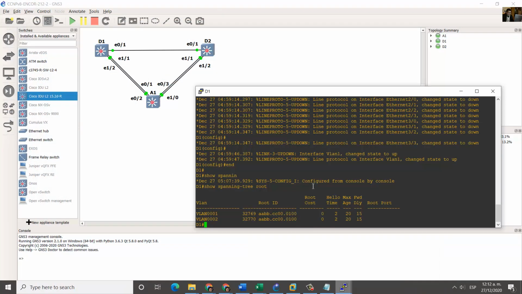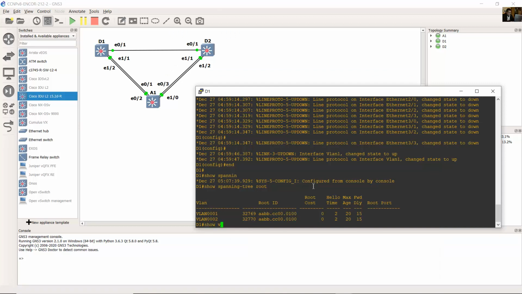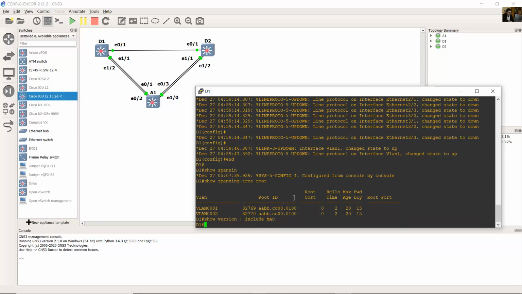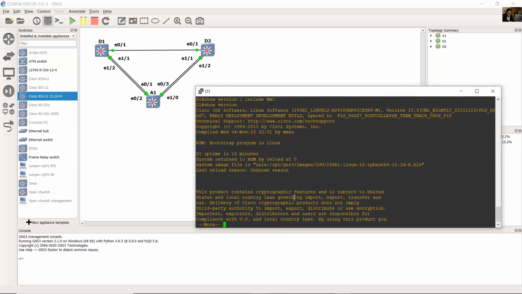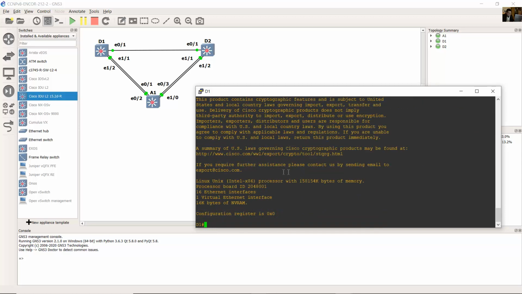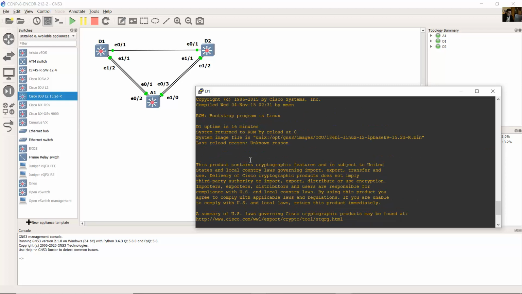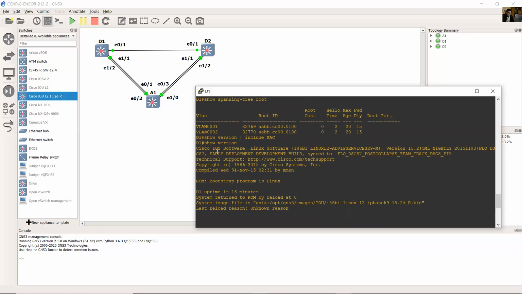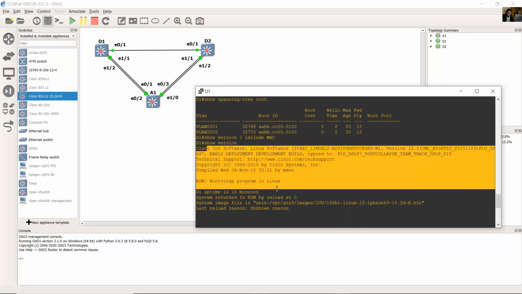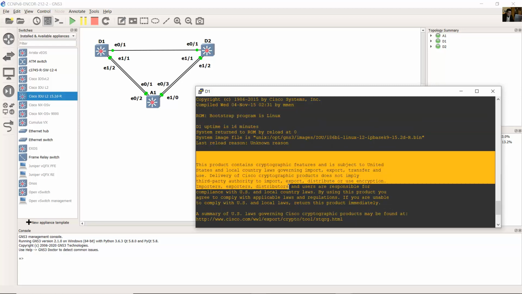Go to D1, show version, pipe, include MAC. Okay, show version is not including the MAC address.